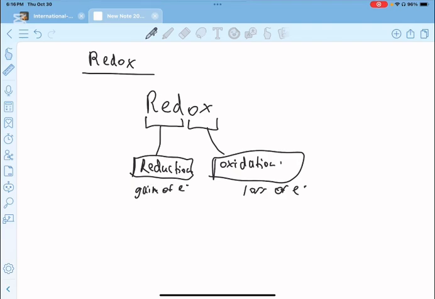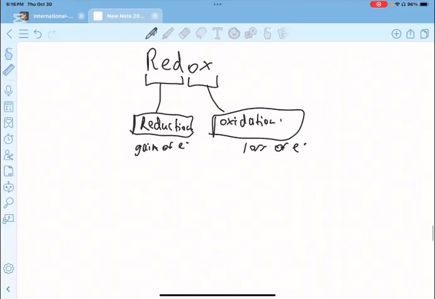If you have confusion about these, learn abbreviations that will help you understand them better. A teacher once told me, OIL RIG. Oxidation is loss, while reduction is gain.